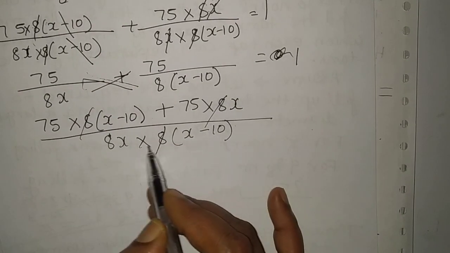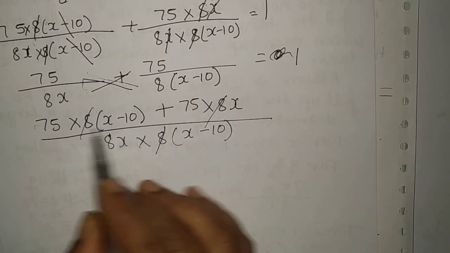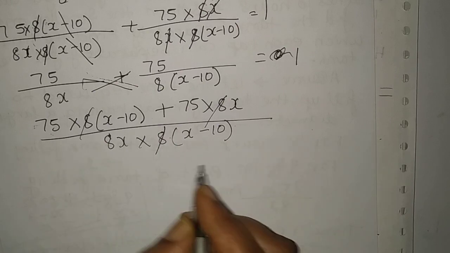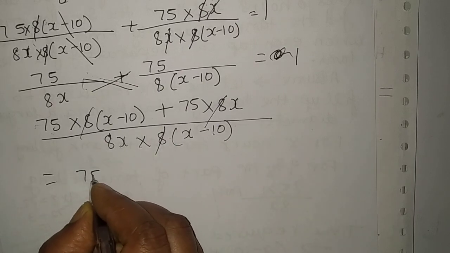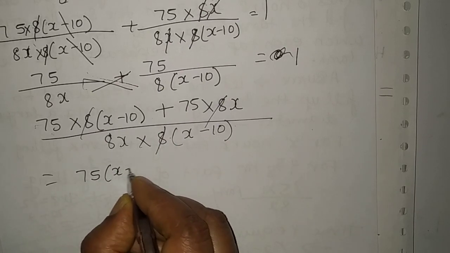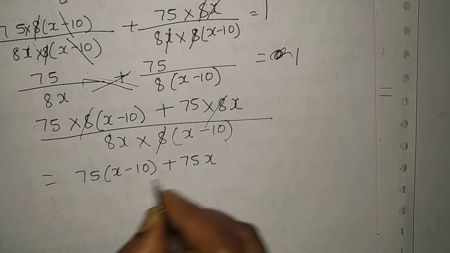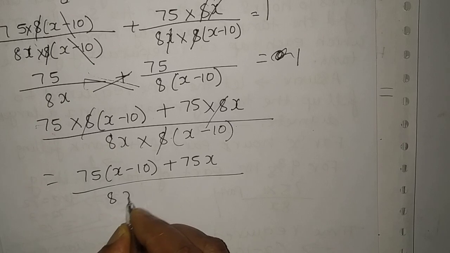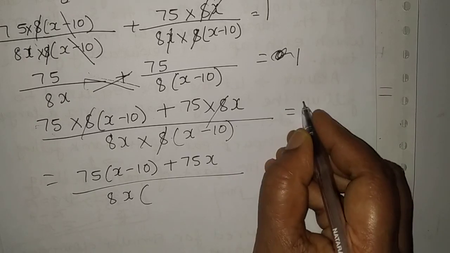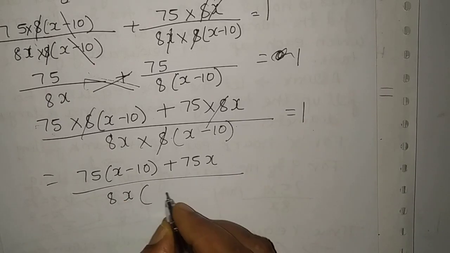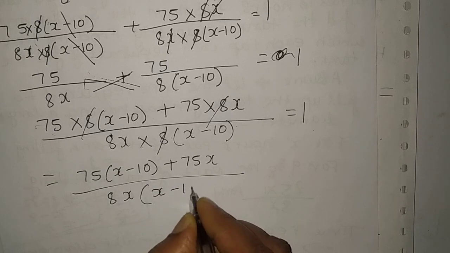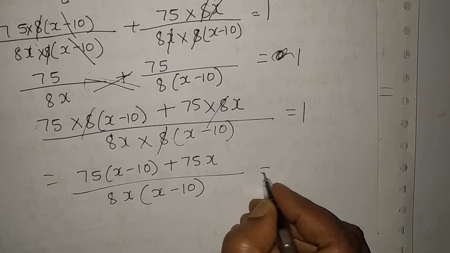So what are the remaining parts? 75 into x minus 10 plus 75x, by 8x into x minus 10, is equal to 1.